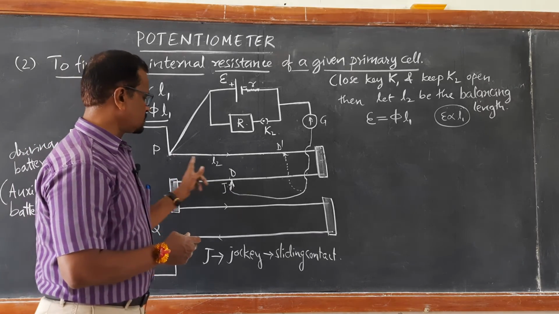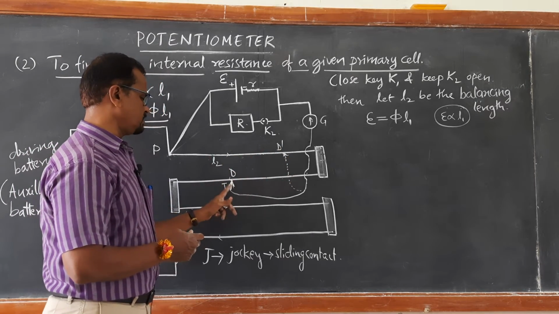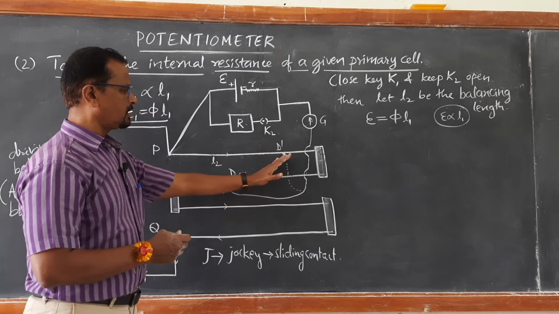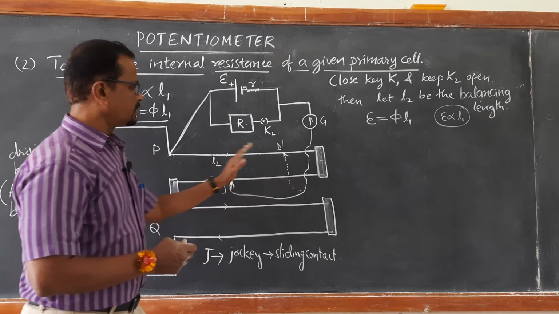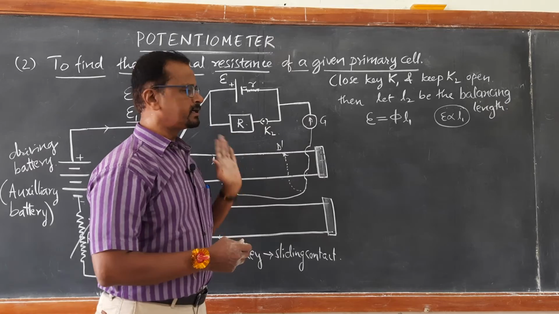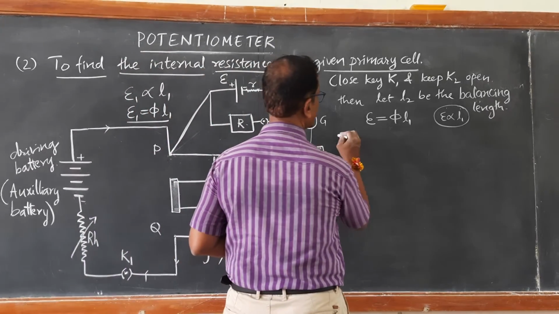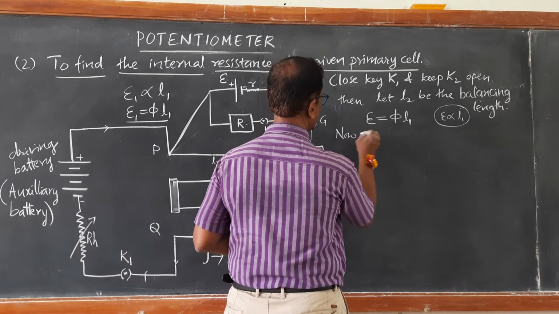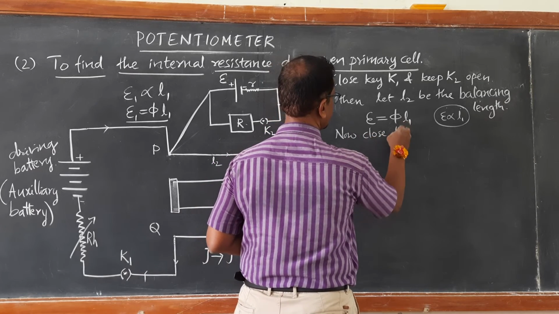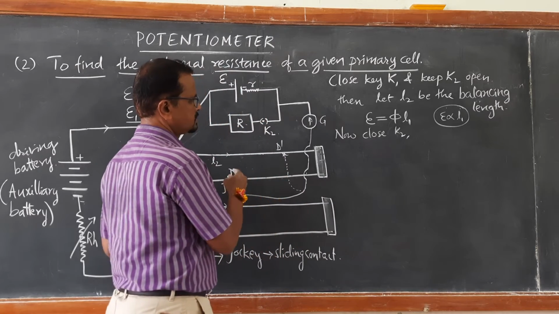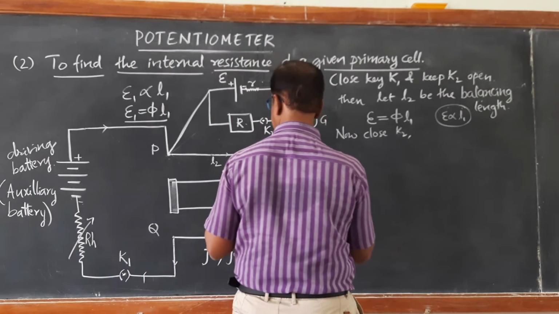And again, go on sliding the jockey, the sliding contact, along the length of the wire. At one particular length, say L2, the galvanometer reads zero deflection again. Now close K2 and go on sliding the sliding contact, that is the jockey.